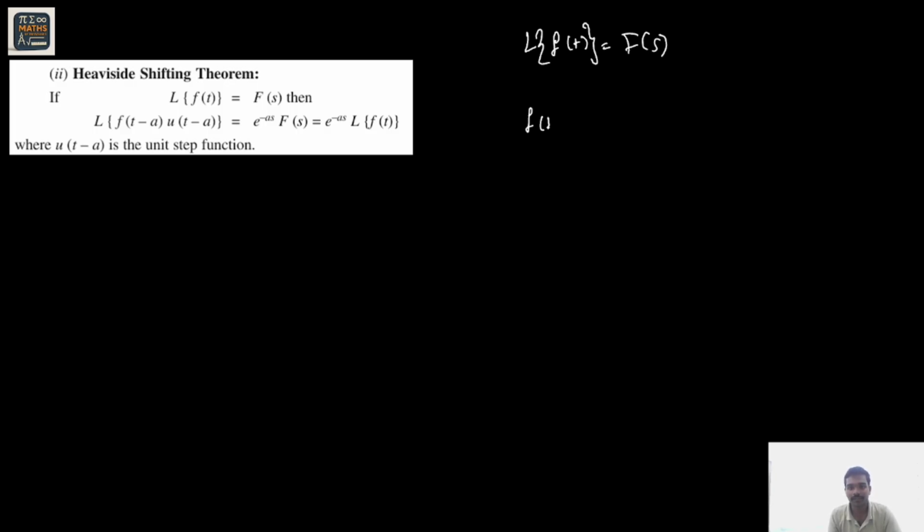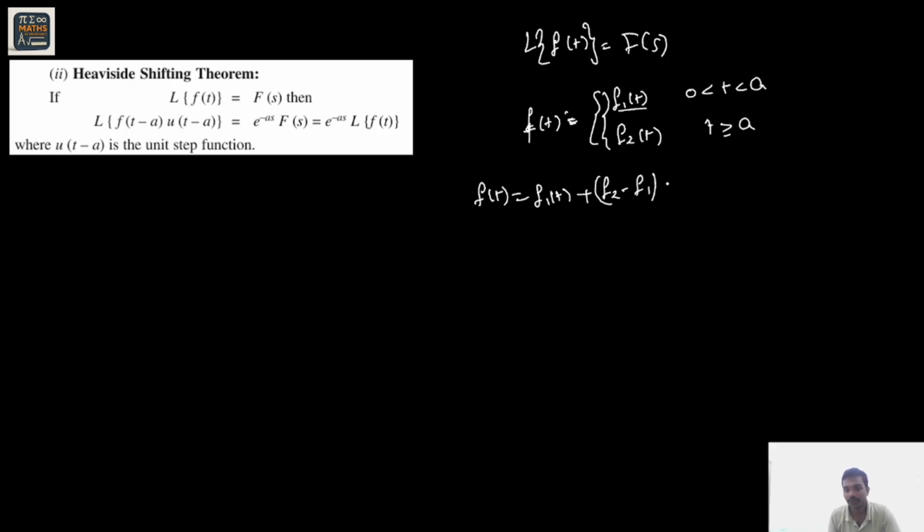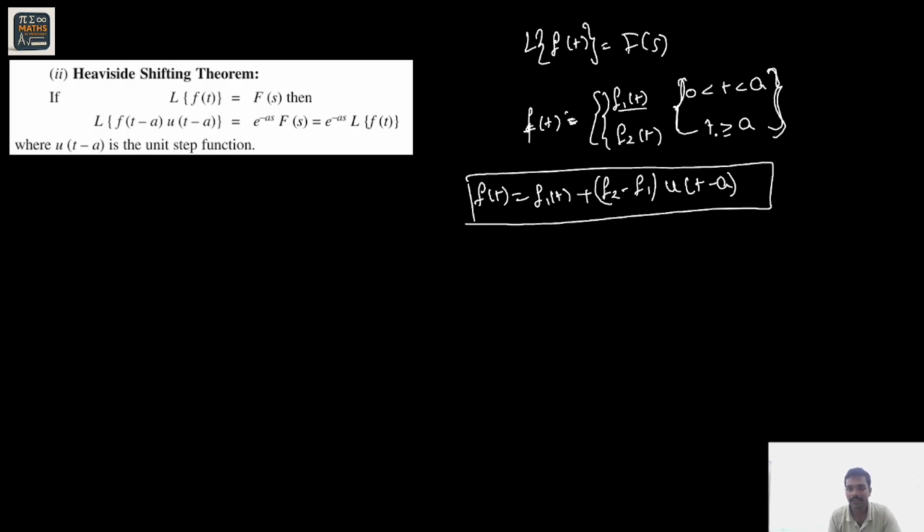If the function f of t is given as a step function, f1 of t if 0 less than t less than a, or f2 of t if t is greater than a, we convert this into an equation like f of t is equal to f1 of t plus the difference between the first two terms, f2 minus f1, into u of t minus the common point between the intervals. The two intervals must have a common point, u of t minus a. This is the Heaviside form for a given step function.